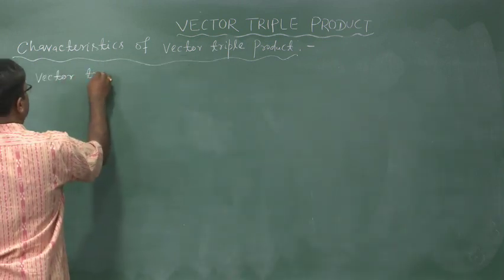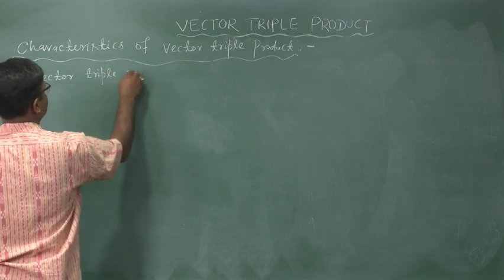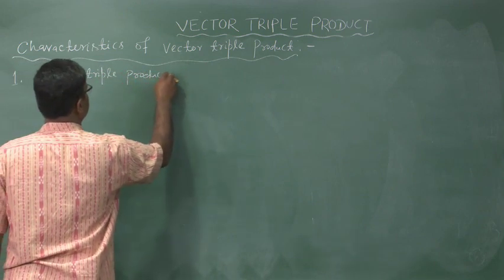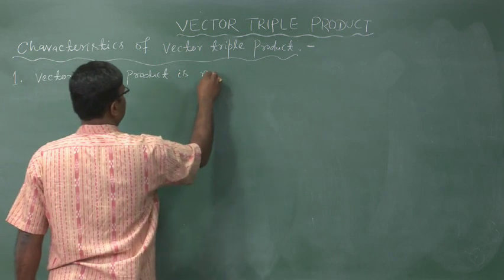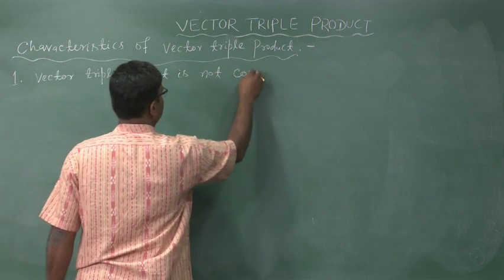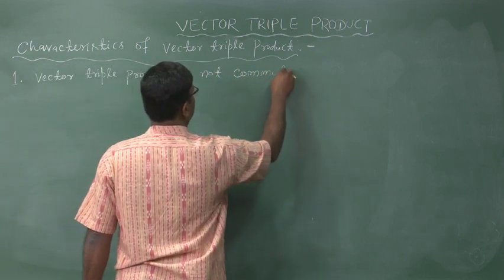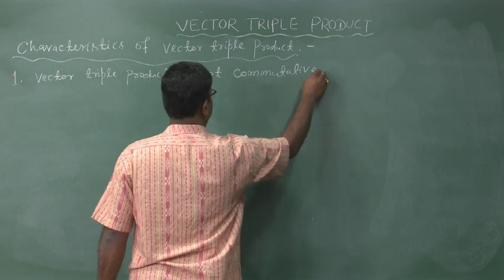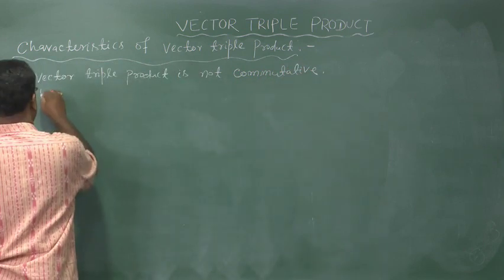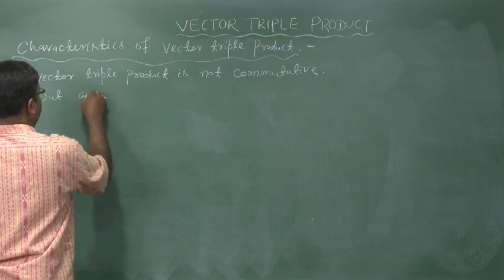Vector triple product is not commutative but anti-commutative.